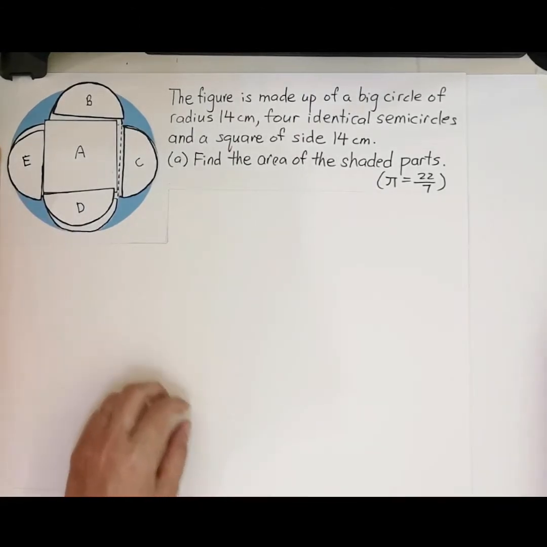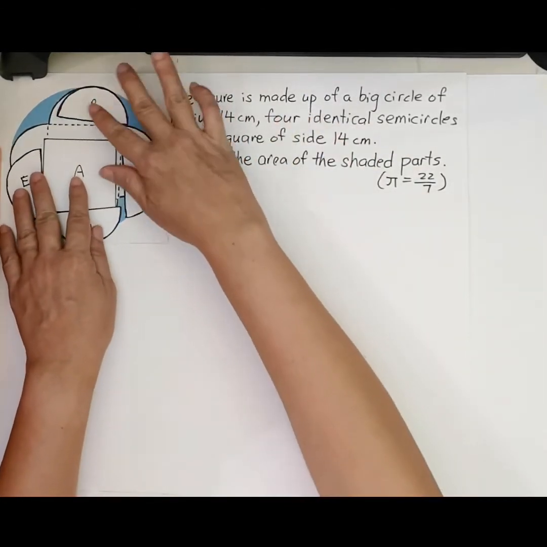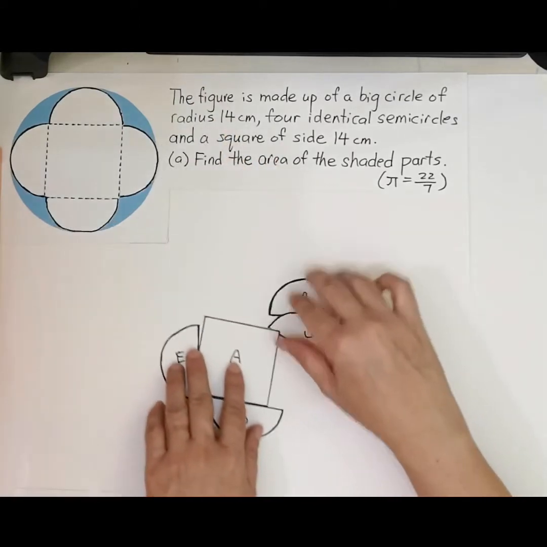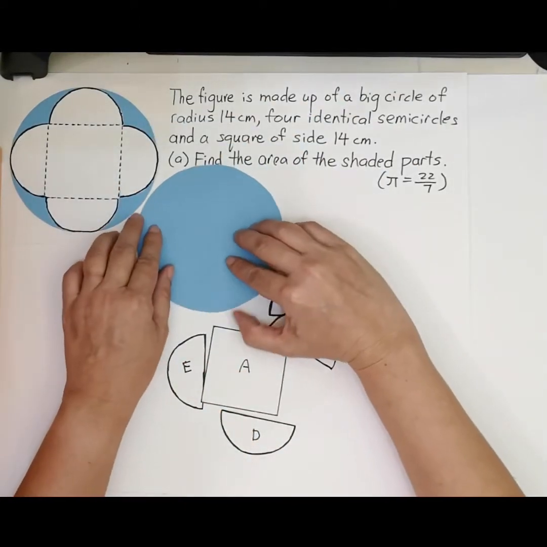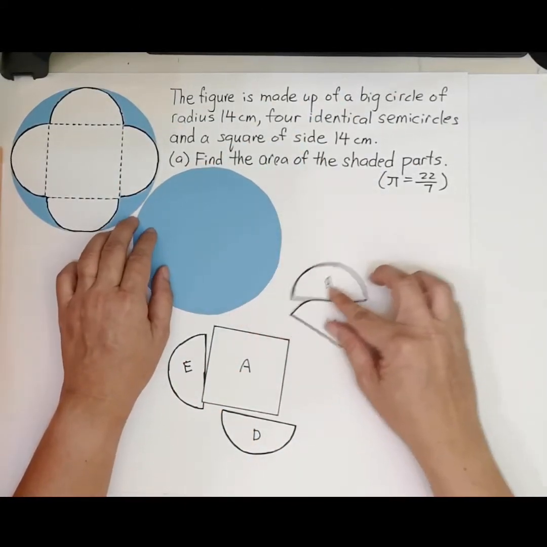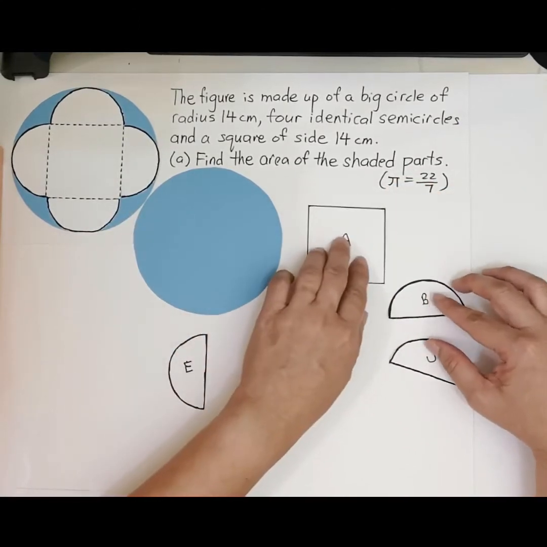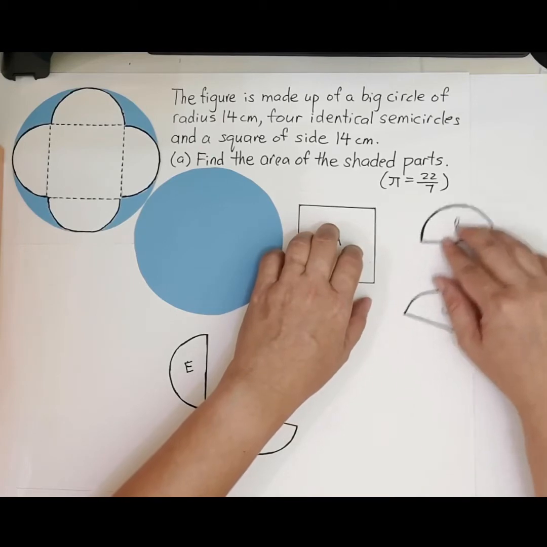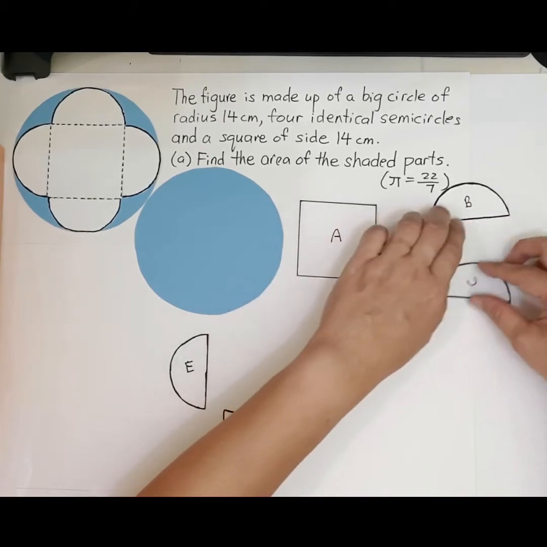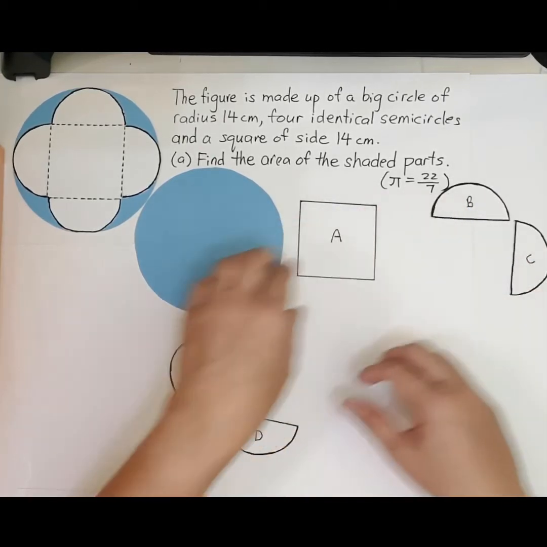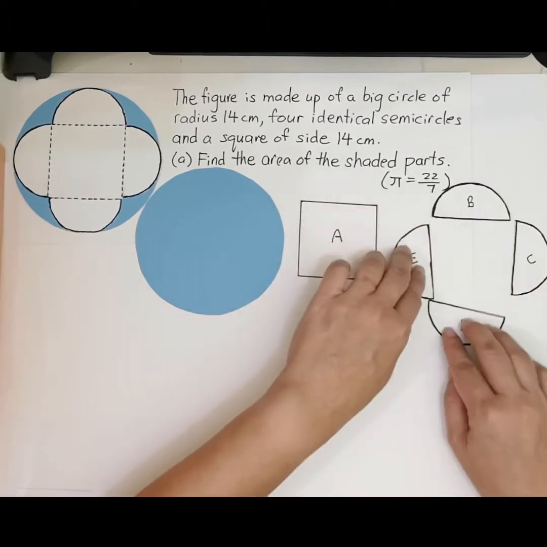So what we are going to do is take the area of the big circle, take away the area of the square, then take away the area of the 4 semicircles.